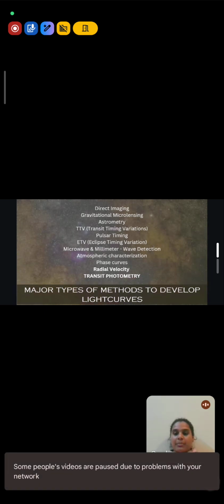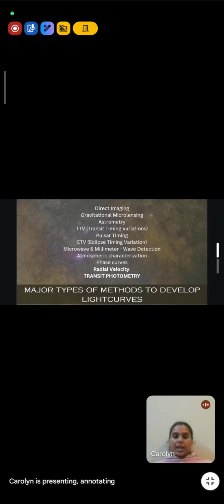Then we have pulsar timing. As you can tell by the name, pulsar signals are nothing but periodic signals that go in a constant way. It'll be more like a sinusoidal curve, wherein it just pulsates like a heartbeat, right?